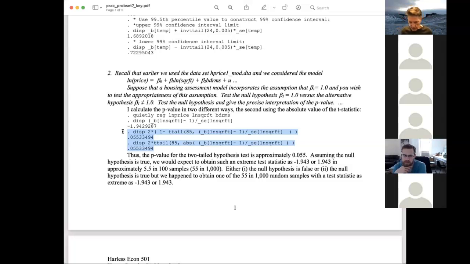And you think about the kind of evidence here. We would have been willing to reject the null hypothesis if we got a test statistic so extreme that we would only expect to get it in 50 in 1,000 random samples. We end up getting one that's 55 in 1,000.